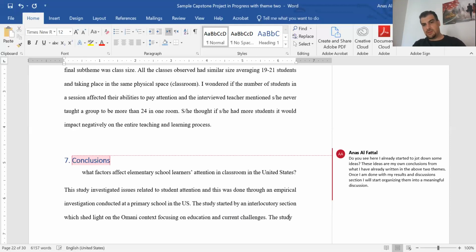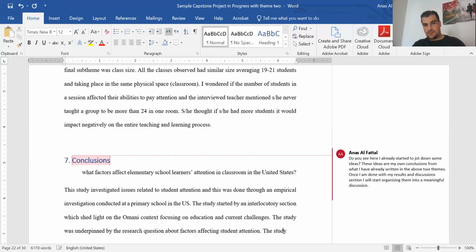The study was underpinned by the research question about factors in student attention.